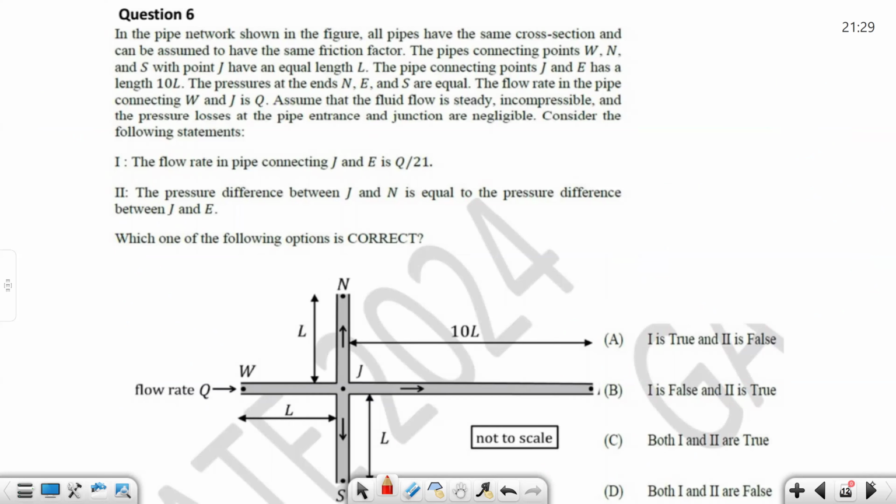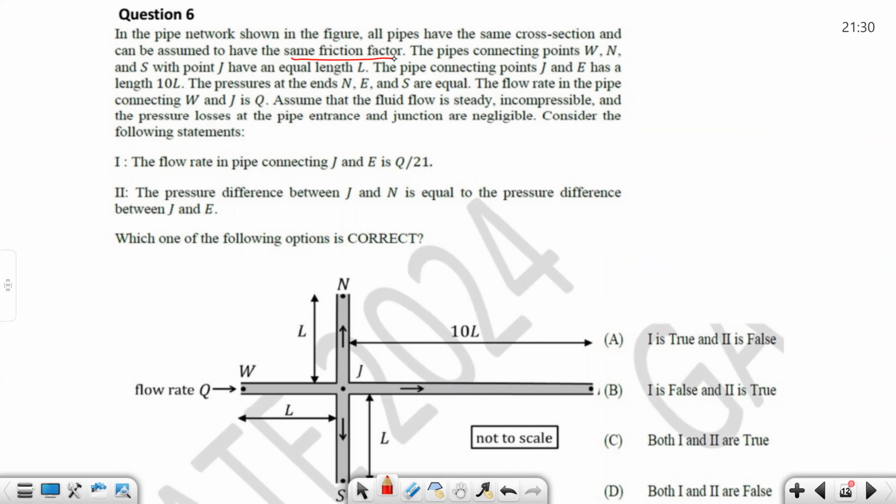In a piping network shown in the figure, all the pipes have the same cross section and can be assumed to have the same friction factor.